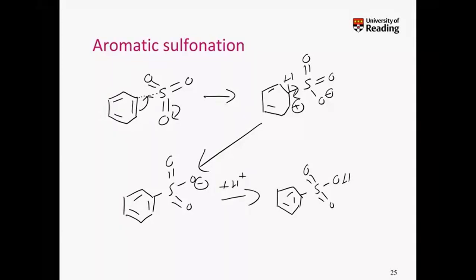But the principle that you need to understand is that the mechanism is exactly the same. So I've shown you now 3 additions. So chlorine, you did bromine, we've done the nitro, and we've done the sulfonyl. Okay, but the underlying mechanism, that addition or that substitution, is exactly the same.